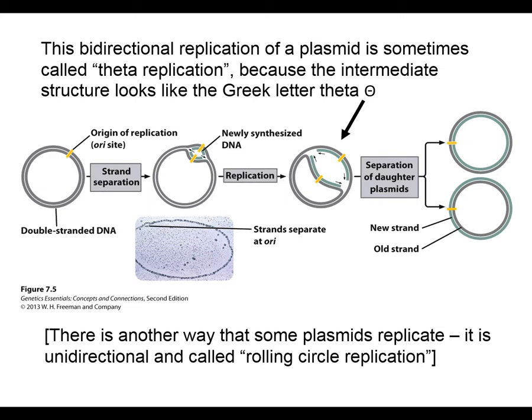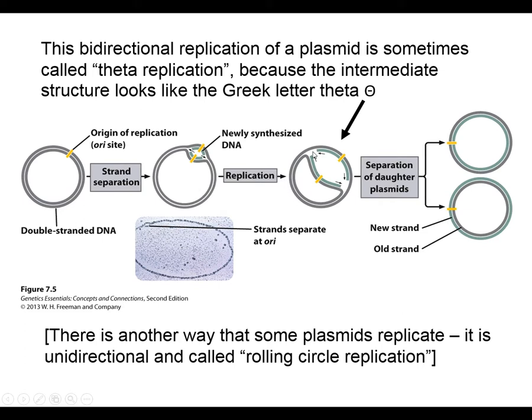Replication of that chromosome and of the plasmids takes place through the type of bidirectional replication that you learned in Biology 1406. There's an origin of replication, synthesis of the new strand, shown here as sort of the light green color, originates at the origin but then moves bidirectionally on both strands.